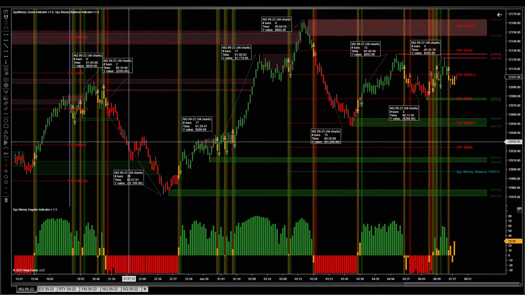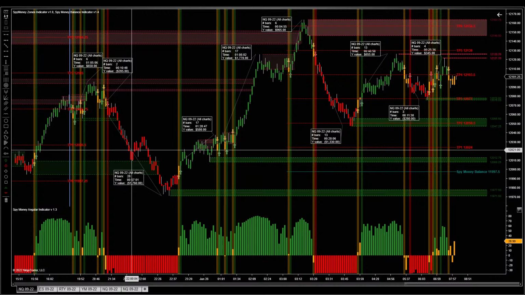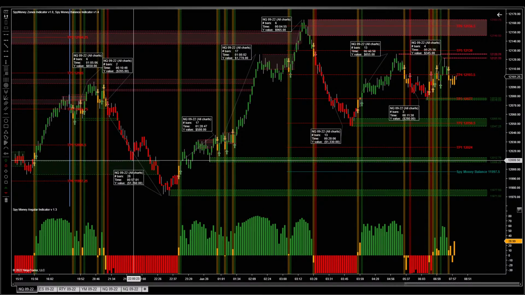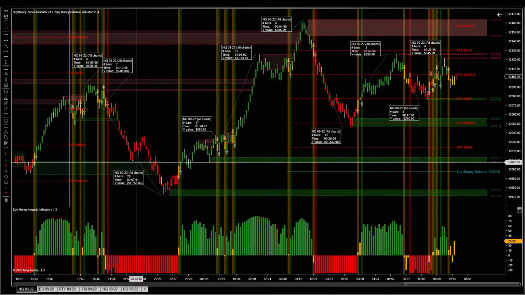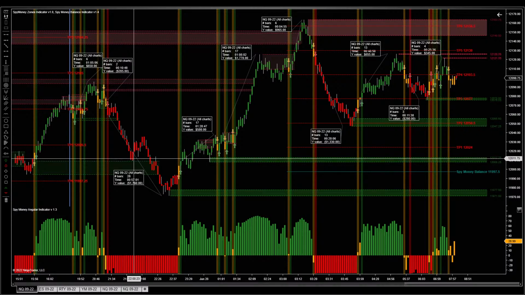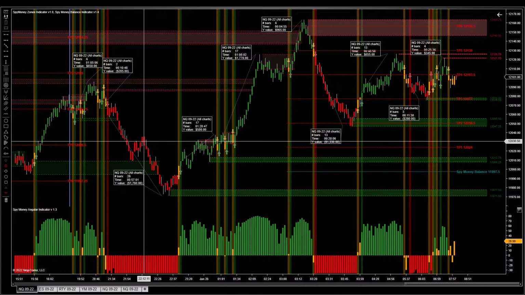My exit probably would have been right here at the minimum or the maximum stop. But when it got down and hit this zone, I probably would have been looking to put my stop right there. I wouldn't have allowed that to go back up.